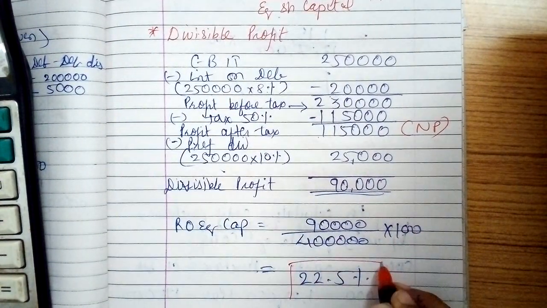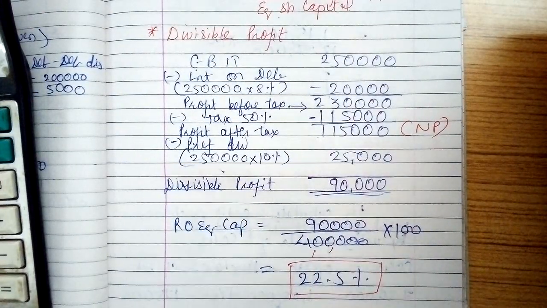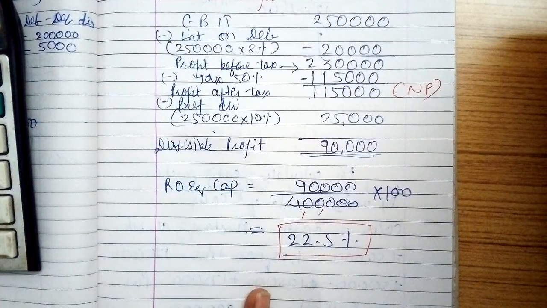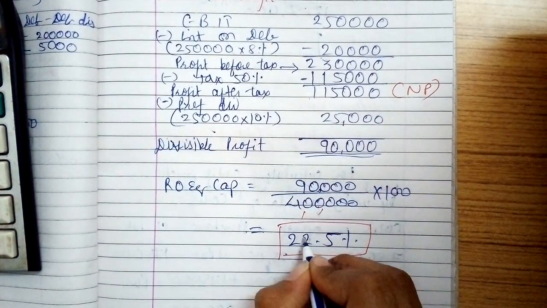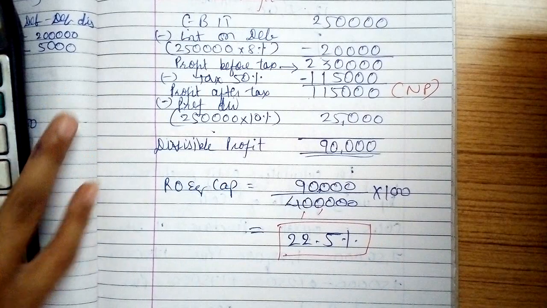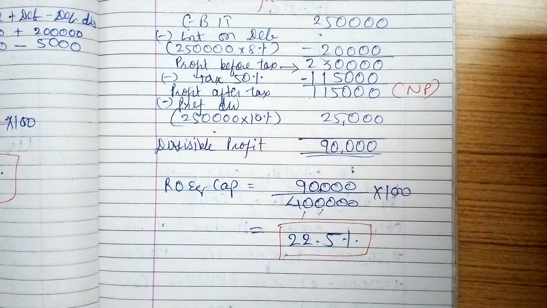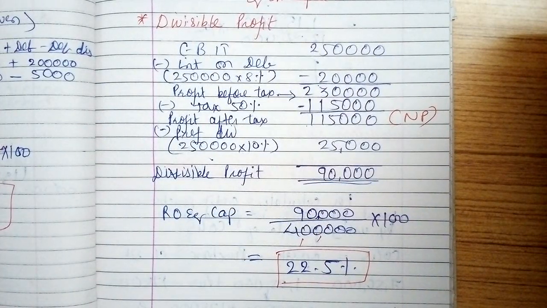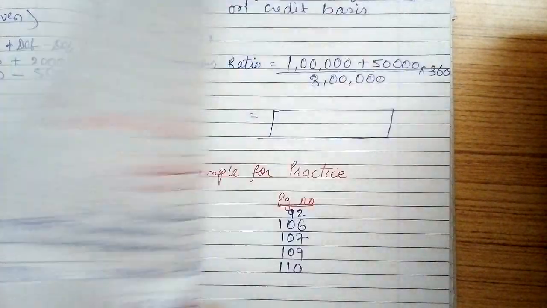It means if my equity share capital is of rupees 4 lakhs and if my divisible profit is 90,000, then my shareholders are getting 22.5% return on their equity capital. Okay, so this is the calculation of rate of return on equity capital.